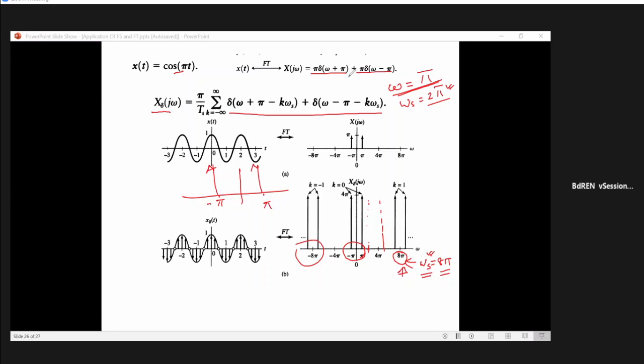Now if our sampling rate is less than twice pi, then the next shifted version will come here, isn't it? These two red are for k equal to 0, and your yellow are for k equal to plus minus 1.